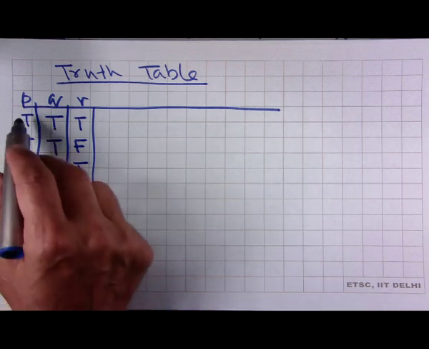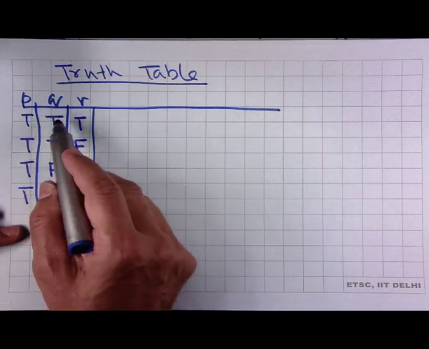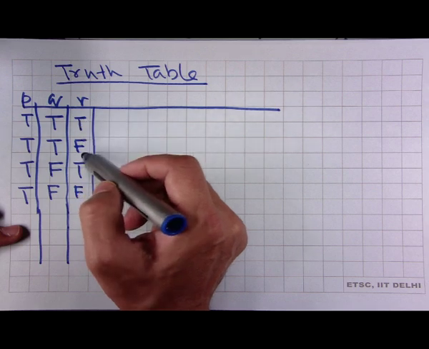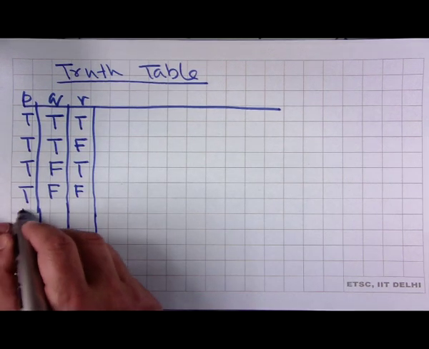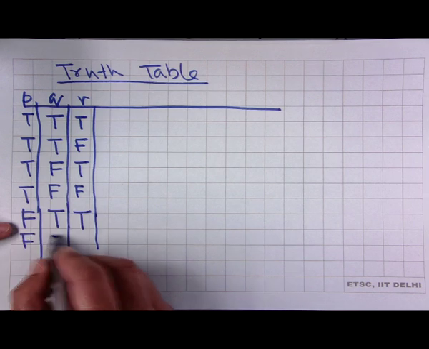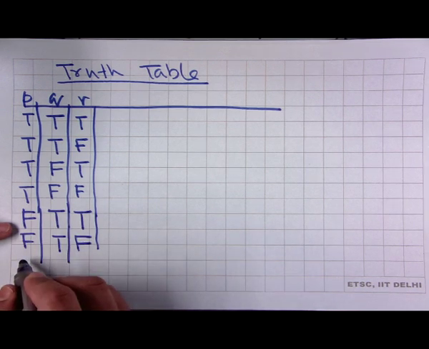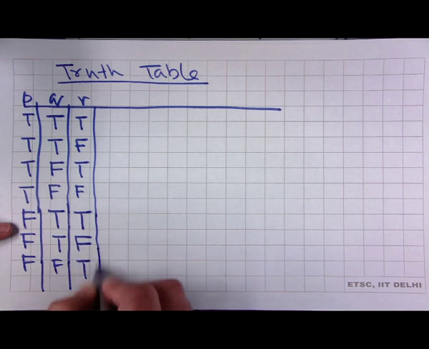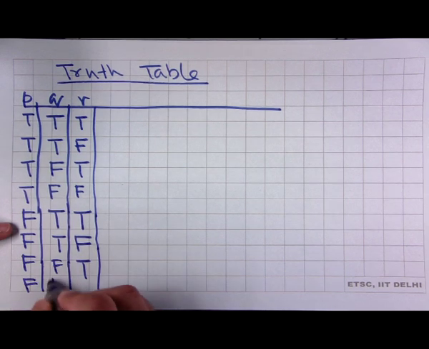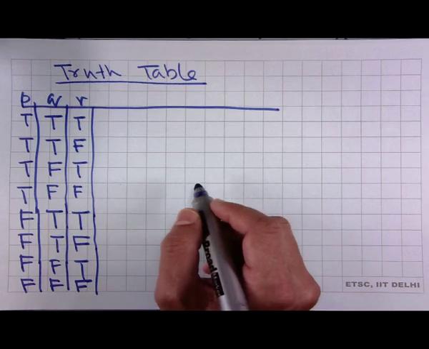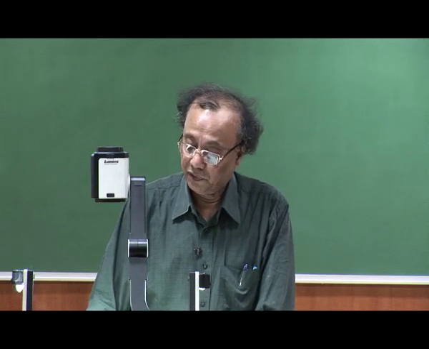I am fixing the value of P, then for that there are 2 values for Q, and then for each one of them there are 2 values for R. So, accordingly, I am making it F T T, F T F, F F T, and finally F F F. So, these are the 8 possible combinations of the truth values for P, Q and R.